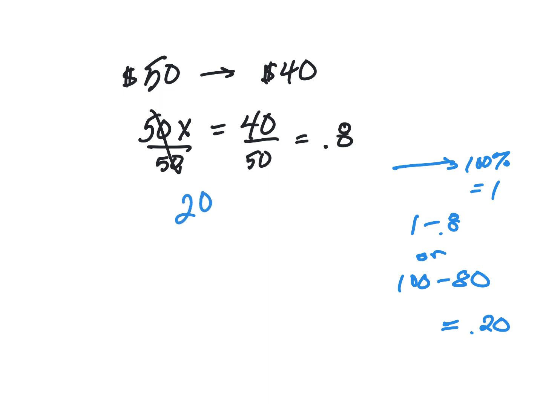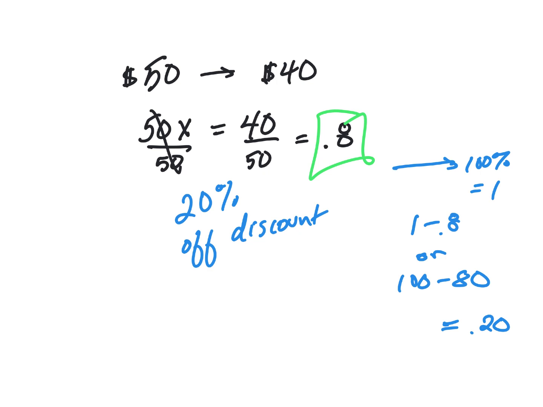So we had a 20% off sale or something. Okay. The 80 here, this represents the amount we're still paying. We are paying 80% of what it used to cost. Okay, but that means that 80% of what it used to cost means we had a reduction of 20%.